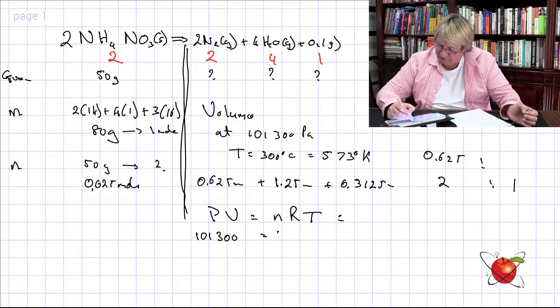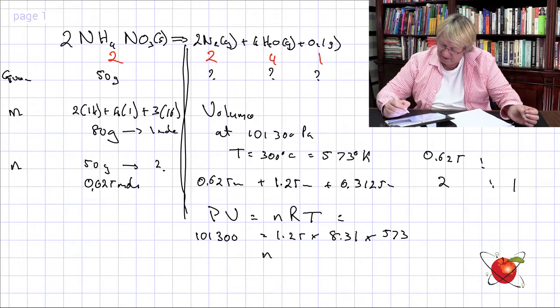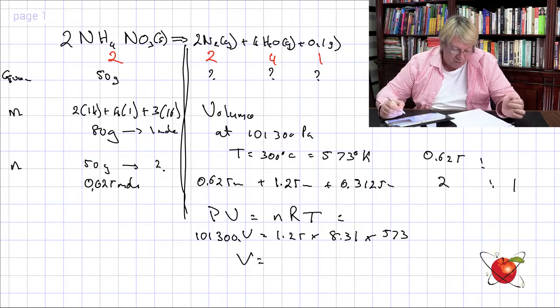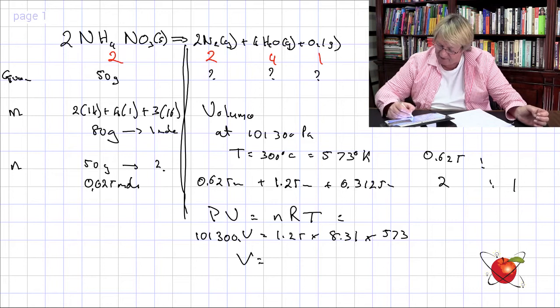Take the 1.25 times R, which is 8.31, times 573, and we're going to end up with the volume. The volume that we're going to get from the 1.25 is going to be 0.058756.